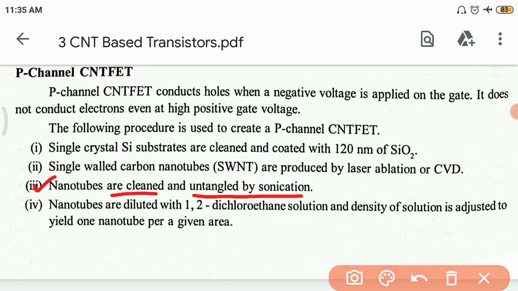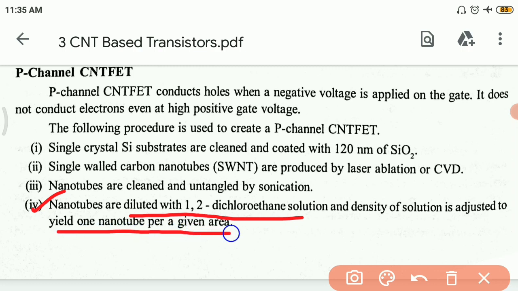Sonication is a process where sound energy is applied for untangling, that is, to free the tangled or twisted state. So the nanotubes are freed from the tangled or twisted state by the process called sonication. Next, the nanotubes are diluted with 1,2-dichloroethane solution, having a density adjusted to yield 1 nanotube per given area.